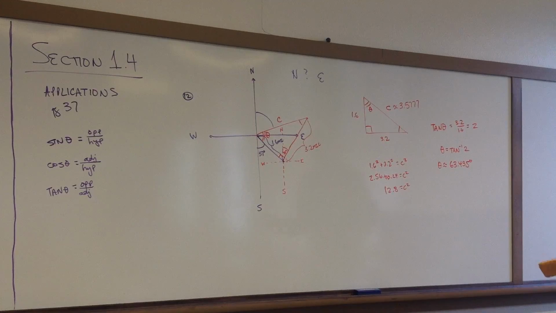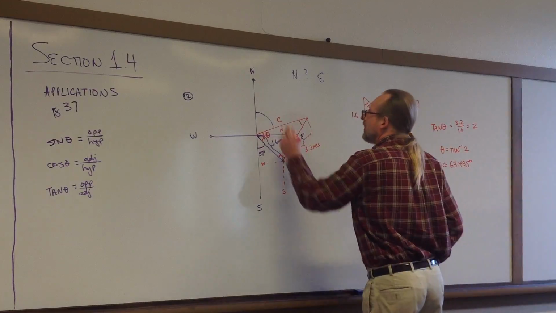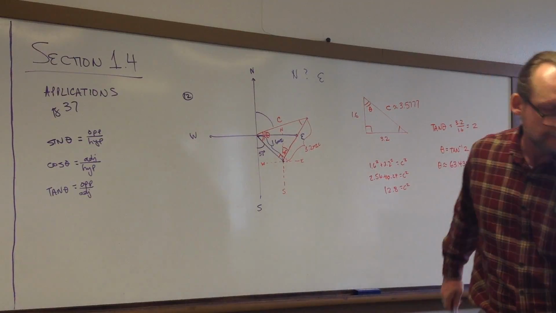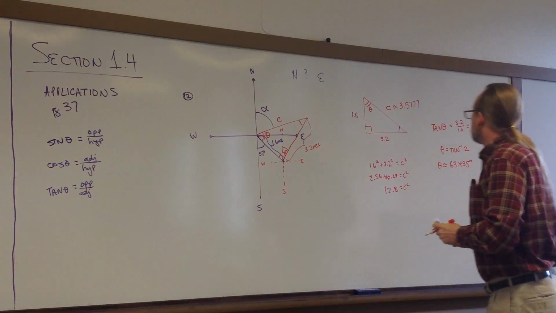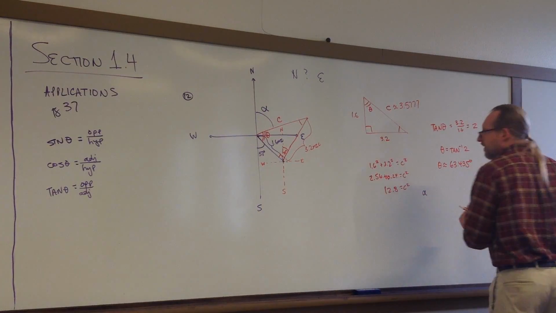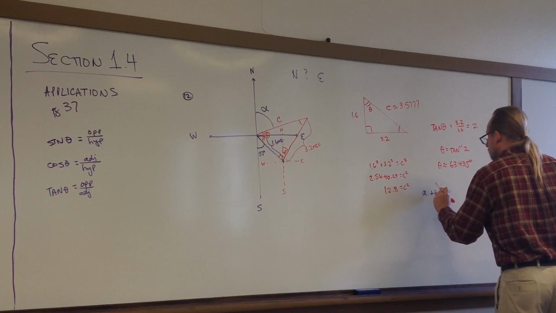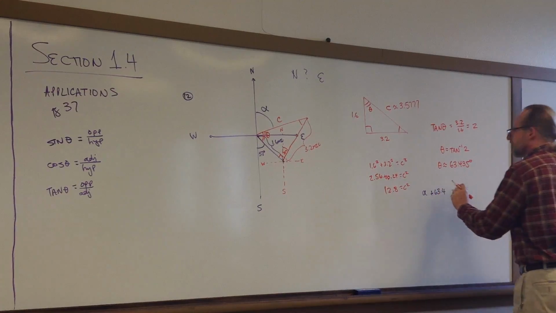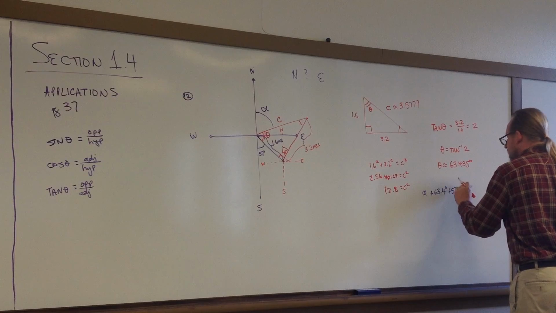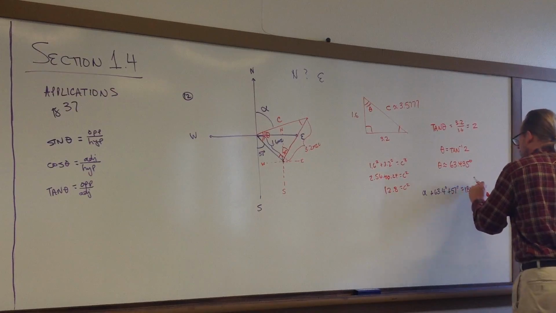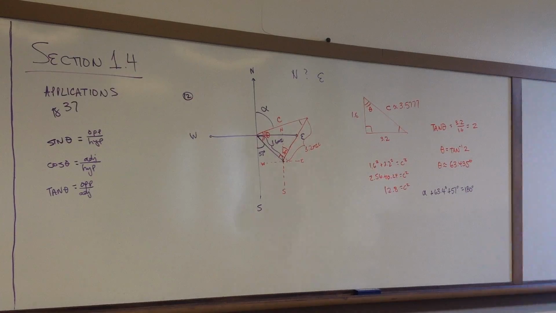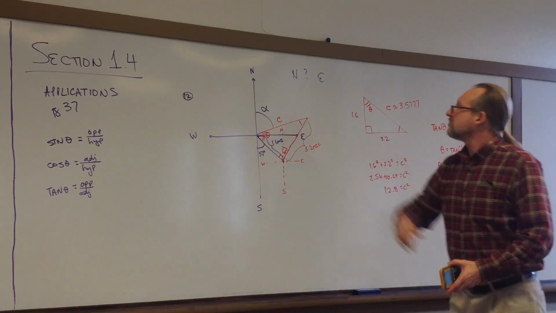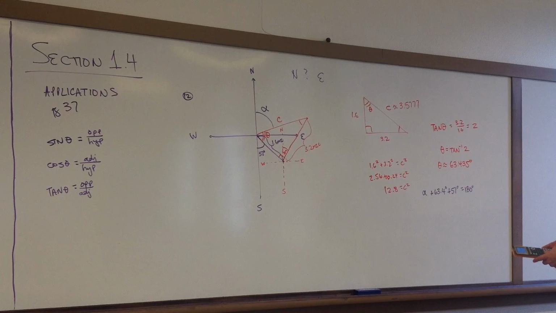Because now really all we have to do is, if I call that angle alpha, then we know that alpha plus 63.4 degrees plus 57 degrees all has to add up to 180 degrees. There may be an easier way to go about doing this, but I'm not sure what exactly that would be.